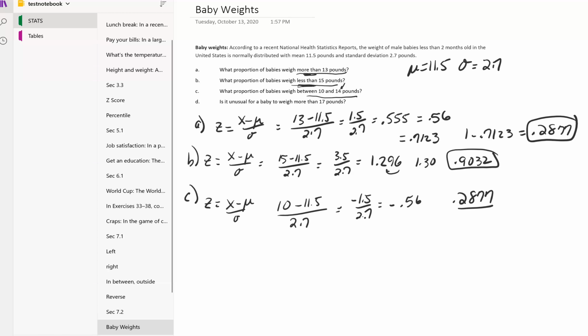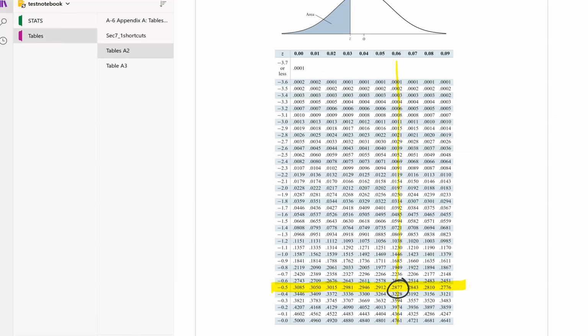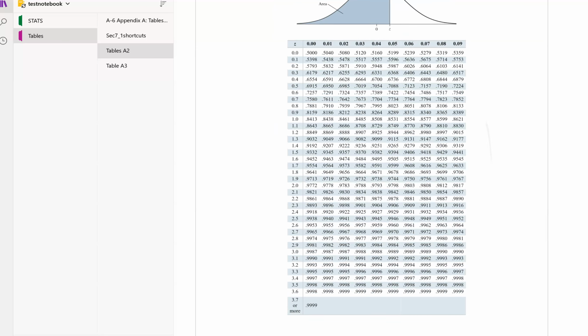Now I do the next number, which is 14. So 14 minus 11.5 divided by 2.7. So that comes out to 2.5 divided by 2.7, which is 0.925. So I need to look up 0.93. Go to my tables and look up 0.93. It's on the positive side.